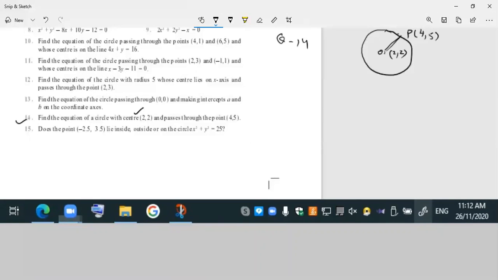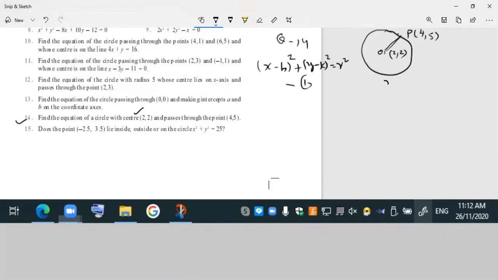If we know the center and radius, we can use this formula: (x minus h) whole square plus (y minus k) whole square is equal to r square. This will be preferred here.